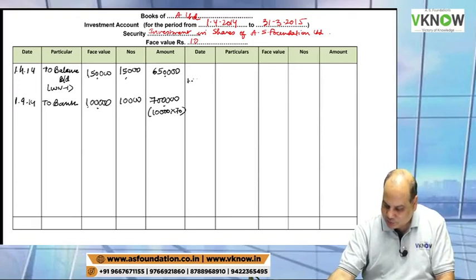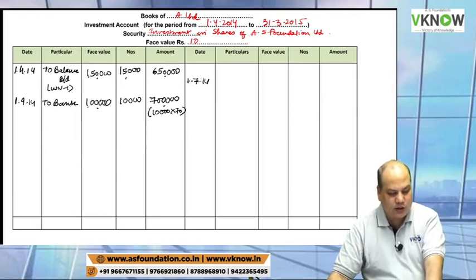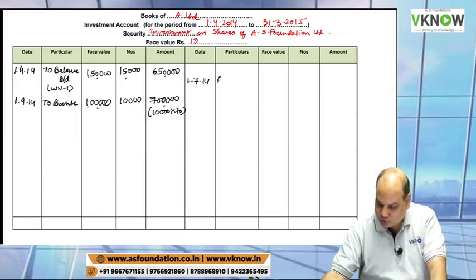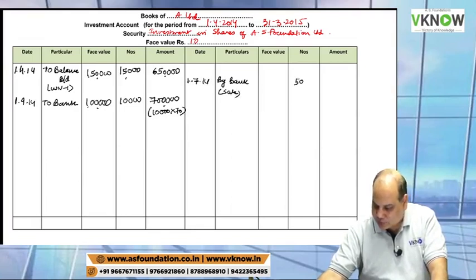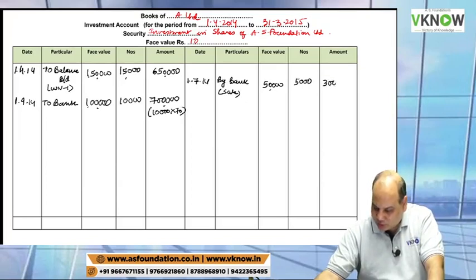On 1st July 14, 5,000 shares were sold. So I will write buy bank, sale. 5,000 shares sold at the rate 60. So that is 3 lakh. 5,000 into 60.